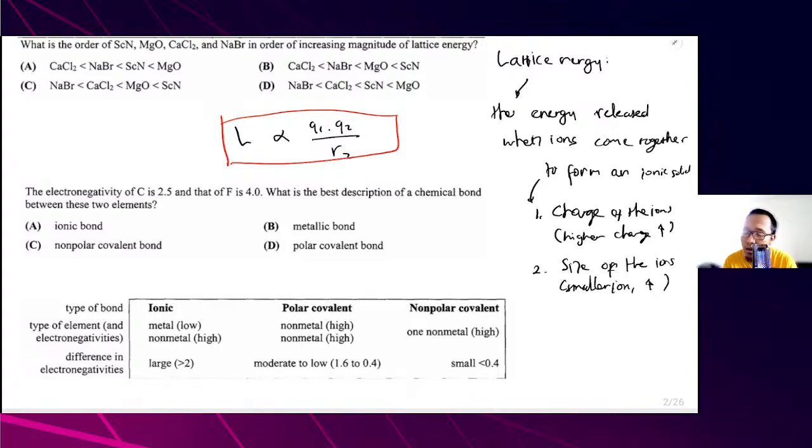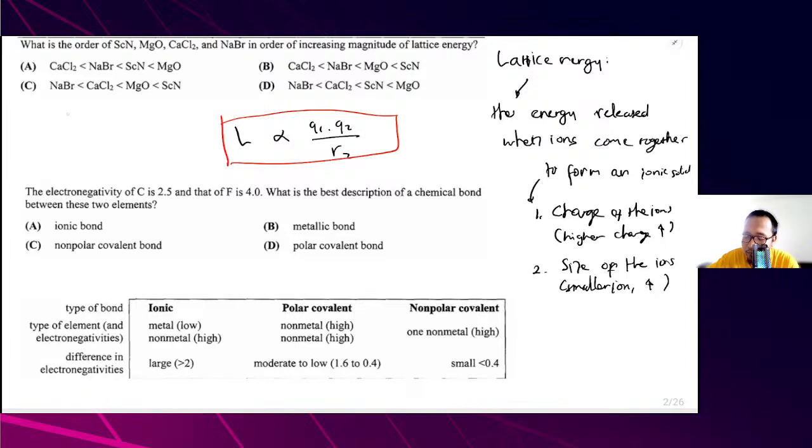If it has a higher charge, it will also have a higher lattice energy. Let's take a look at them one by one.